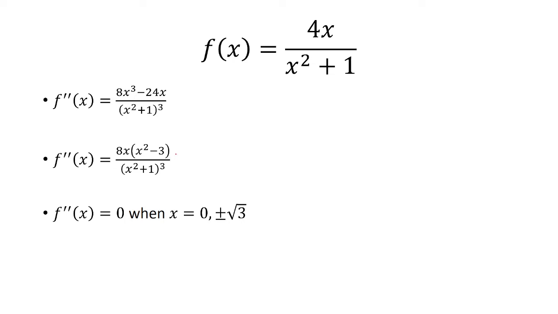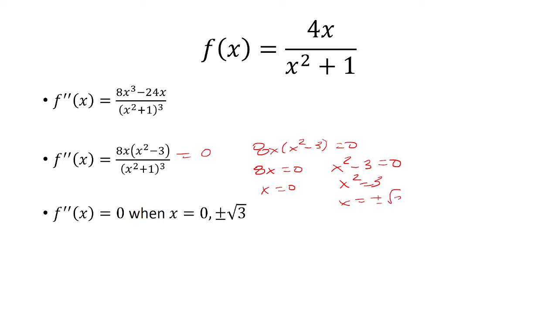And so I can set this equal to 0. Note the bottom is never equal to 0, a similar argument to what we made previously with the first derivative. So you're just going to set 8x and x squared minus 3 equal to 0, which means 8x is 0, x squared minus 3 is 0, and that's where we get x is 0 and x is plus or minus root 3.